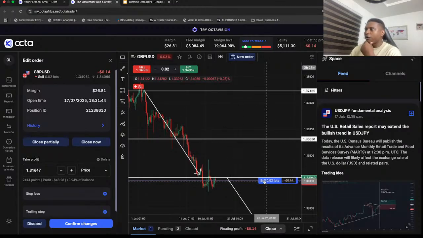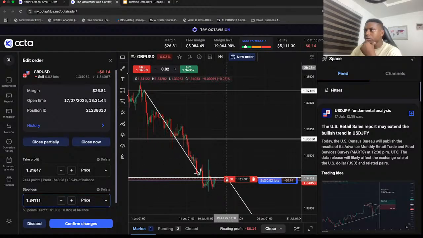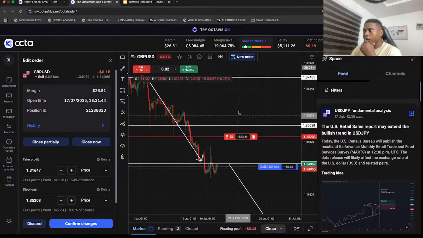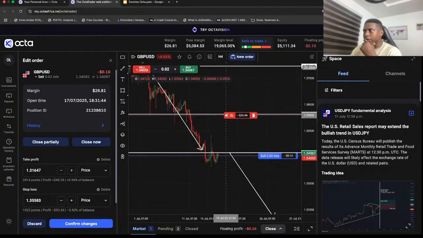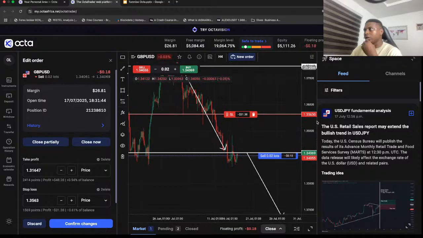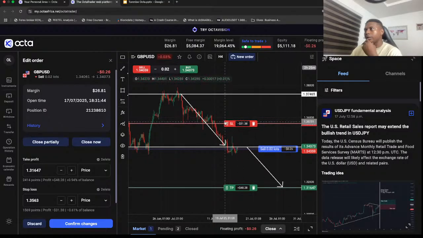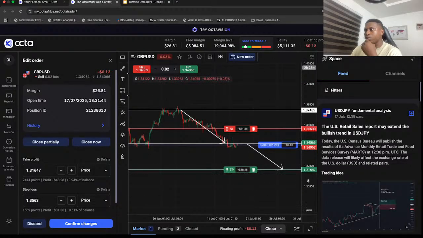Now, for my stop loss, I'm going to set it right above here. This is a 4 hours time frame, so I just put my stop loss here. Okay, good.